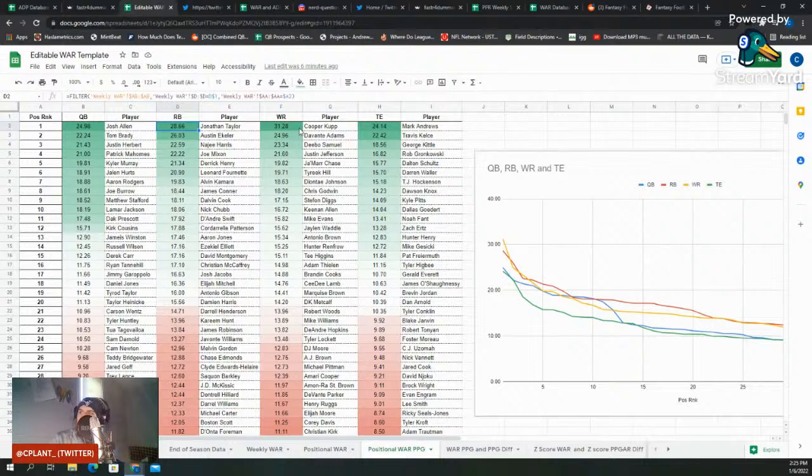Any top receiver that you take, you're actually taking at a value, is what I noticed, because you're picking the guys that have the highest chance to finish at the top of the position at wide receiver, versus taking the guys that have a higher chance of being at the top at running back.